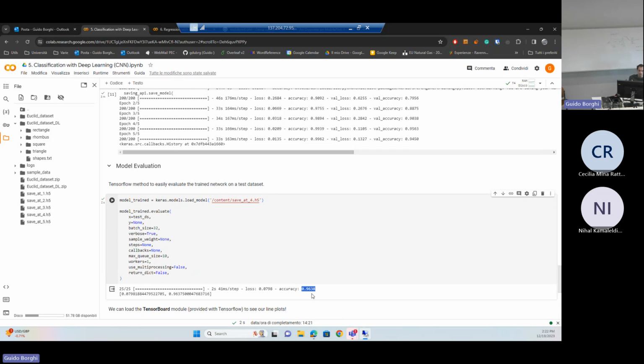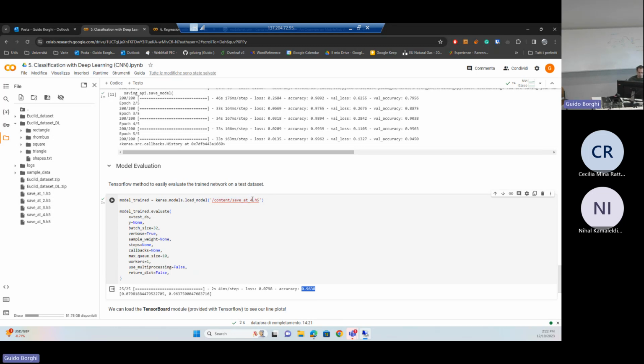So maybe here you can appreciate the power of our neural network. We don't have a lot of training data, it's true, but also we can say that the classification problem is quite simple, it's quite easy. So we have obtained a good final result.